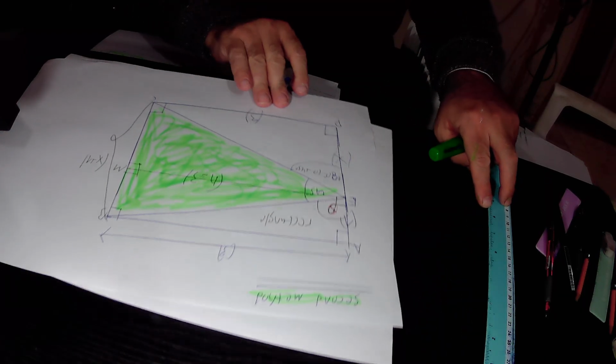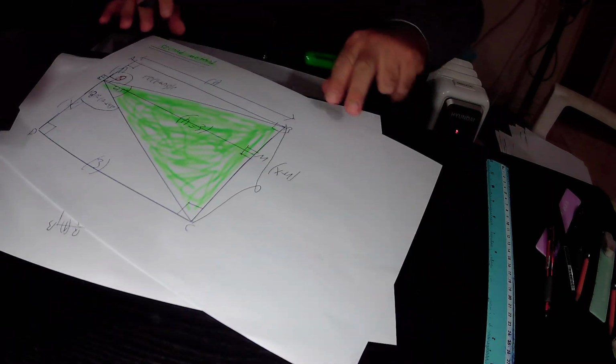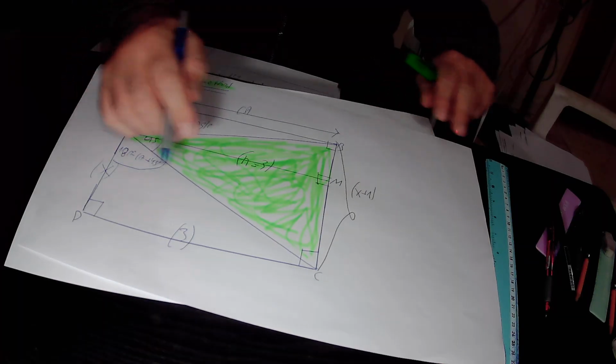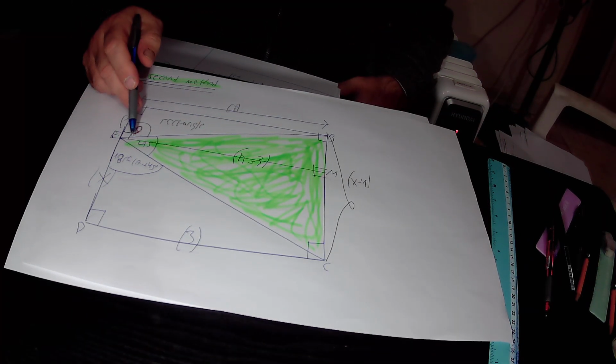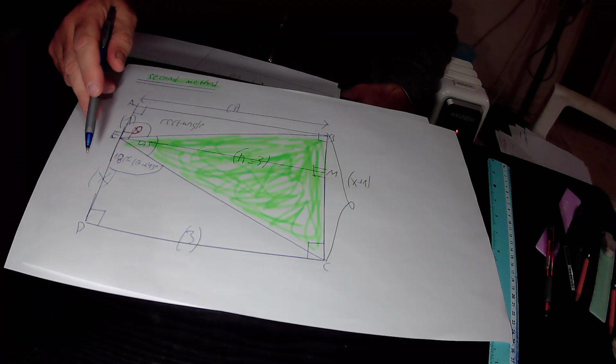In the next step, we focus on this right lower triangle, triangle EDC. In this right triangle EDC, tangent of (180 degrees minus (theta plus 45 degrees)) equals DC over DE.